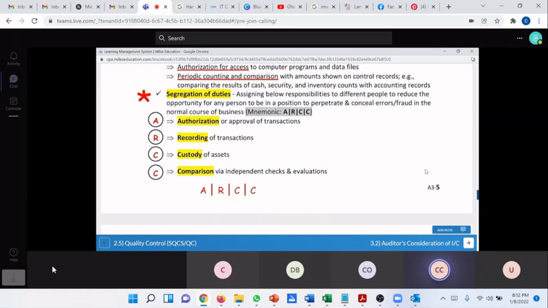So this is a transaction which has been initiated. It is recorded by a purchase clerk who will raise a purchase order in the system. So he is initiating or recording the transaction in the system.